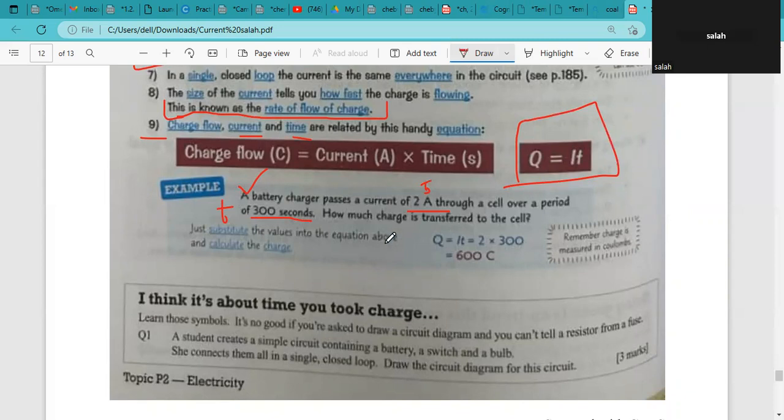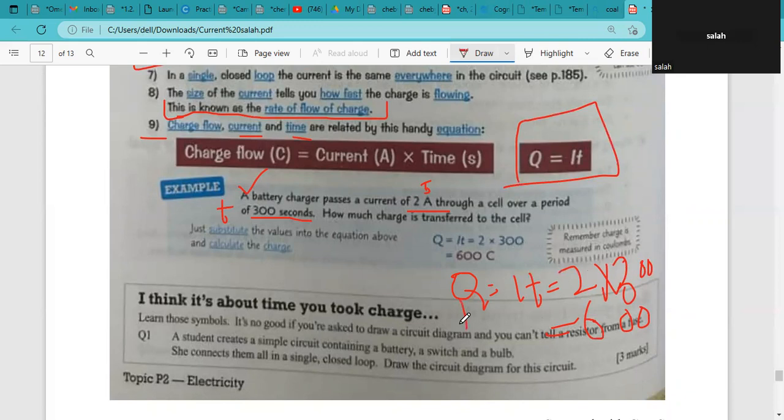We want charge, which means Q, and that equals I times t. The current is 2 and the time is 300 seconds, so it becomes 600.